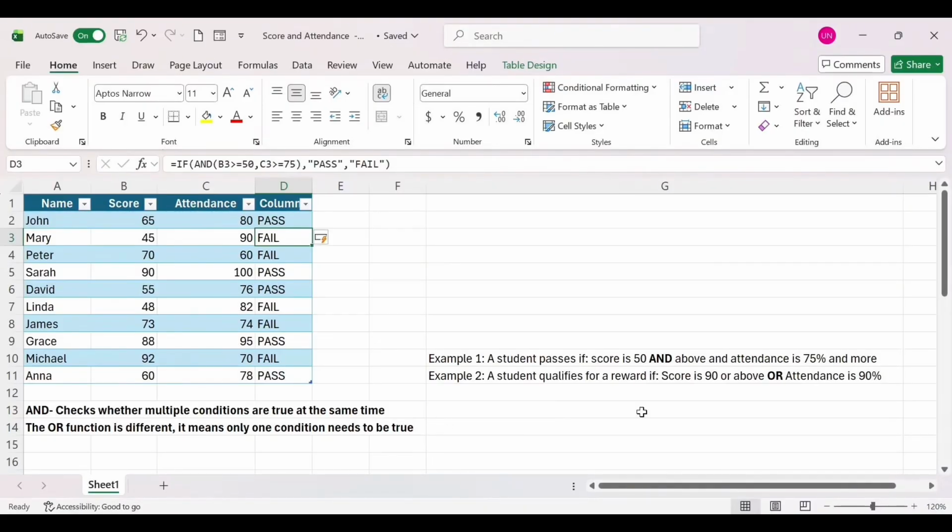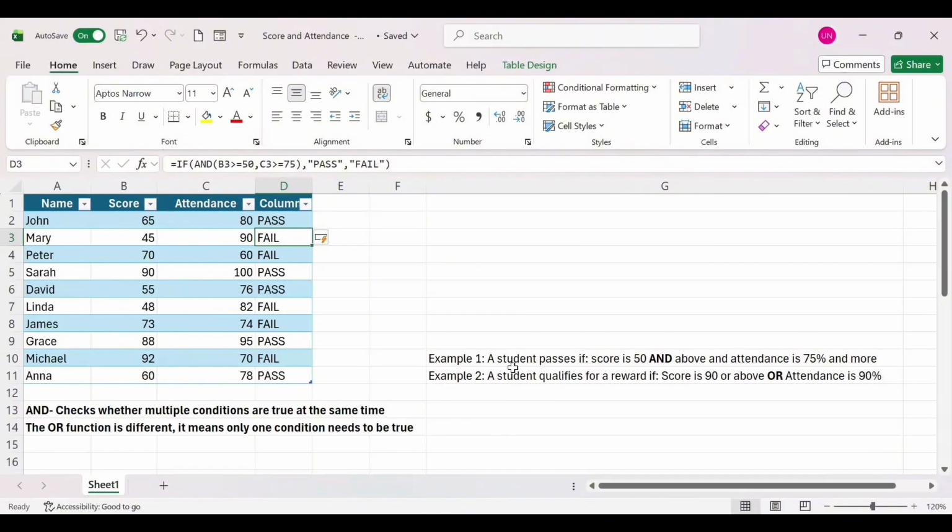Now let's move to the or function. Now the or function is different. It means only one condition needs to be met, or only one condition needs to be true, which means if I say that a student qualifies for a reward if their score is 90% or higher, or attendance is 100%, which means that a student should either have 90 as a score to qualify for a reward, or 100 in attendance to qualify for a reward.